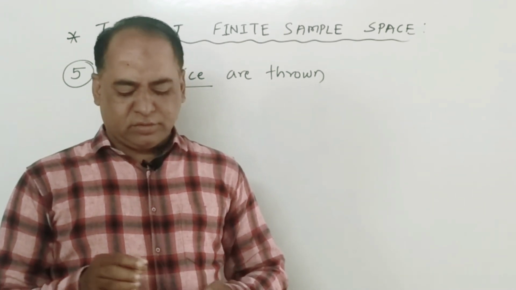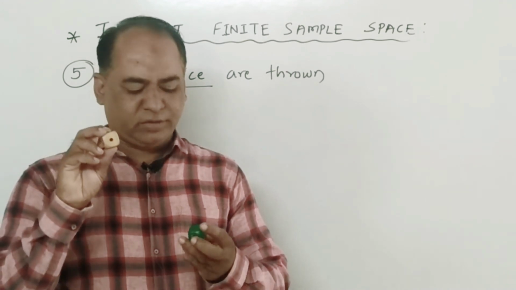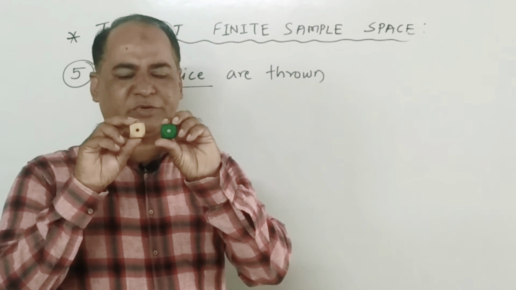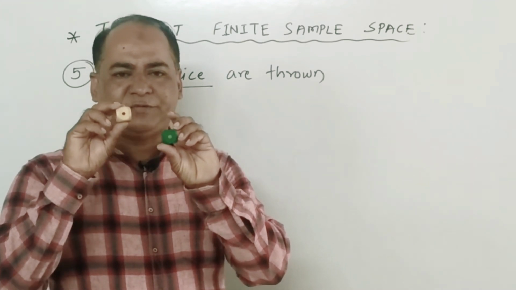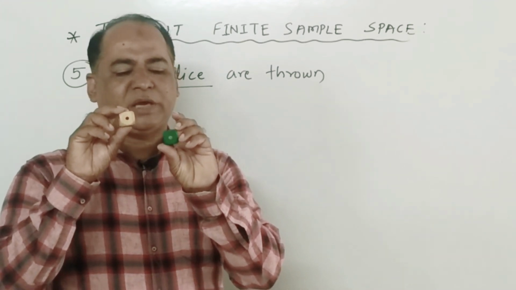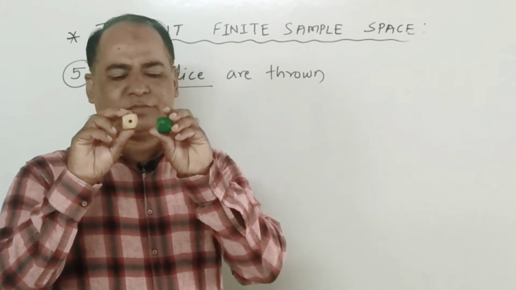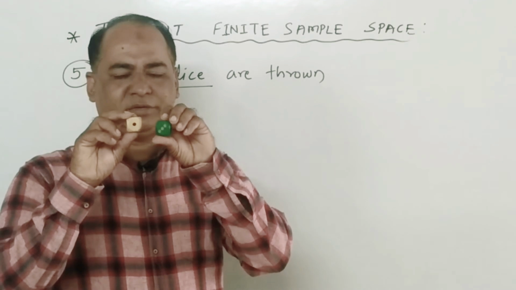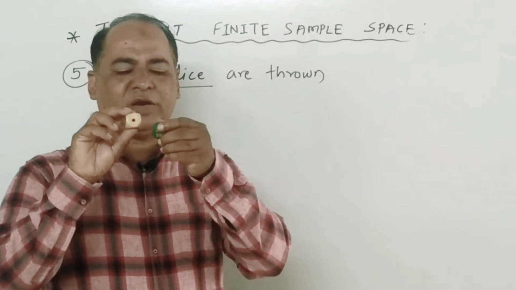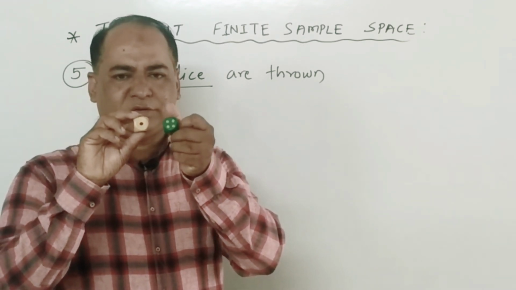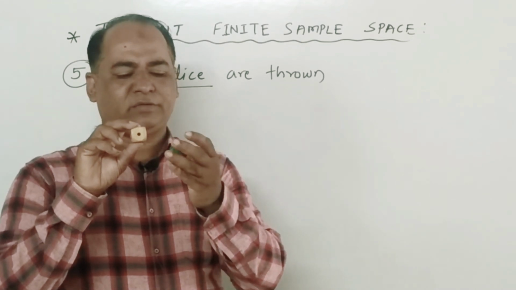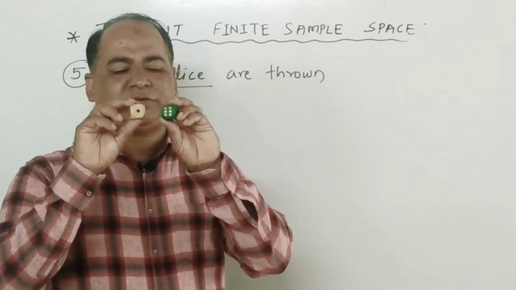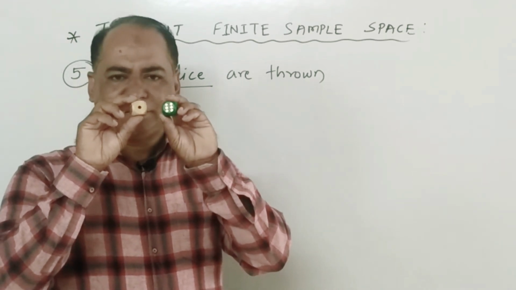Like on the first die 1, on the second die 1, so both outcomes will be the same. Then we fix the first die as 1 and the second die 2, then first die 1, second die 3, first die 1, second die 4, first die 1 and second die 5, and first die fixed at 1 and second die 6.